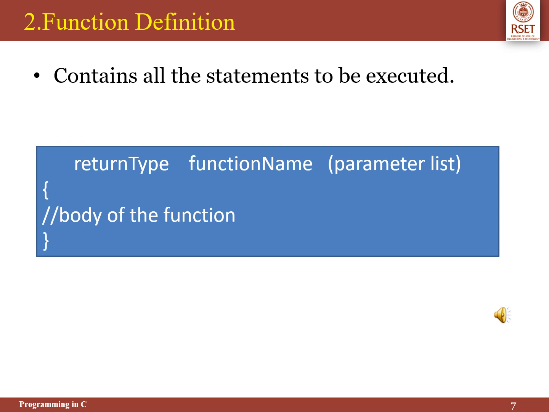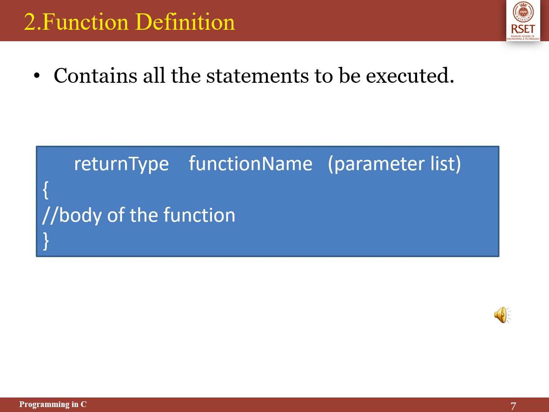Function definition. A function definition in a C program consists of a function header and a function body. The function header contains the return type, the function name followed by the parameter list. The body of the function contains the statements that define what the function does.